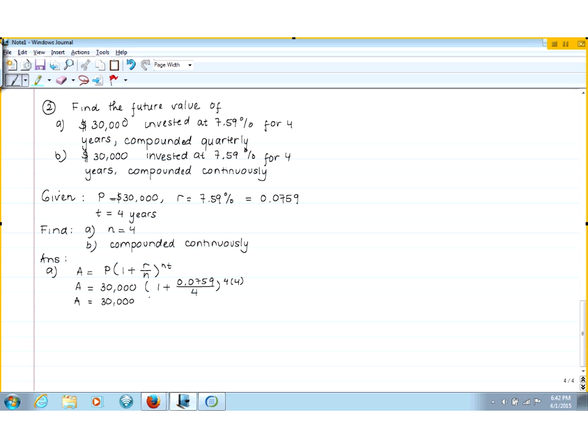So this is 30,000 multiplied by 1.01875 raised to the 16. What is raised to the 16 is 1.01875 only, not 30,000. So this is $40,383.43 after 4 years.